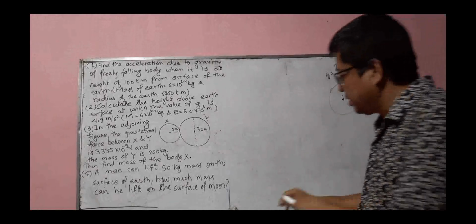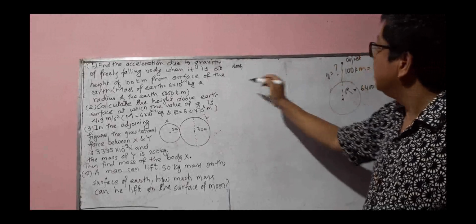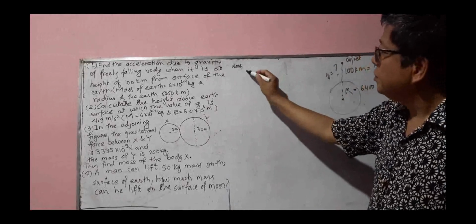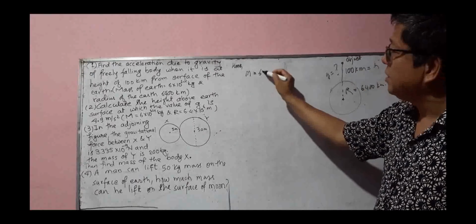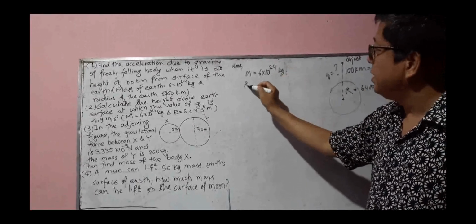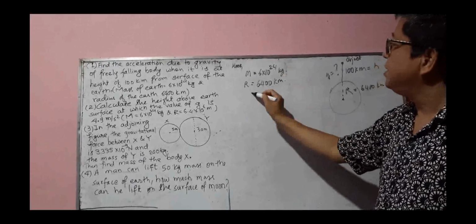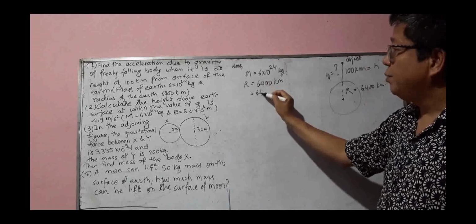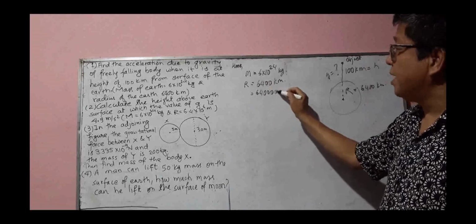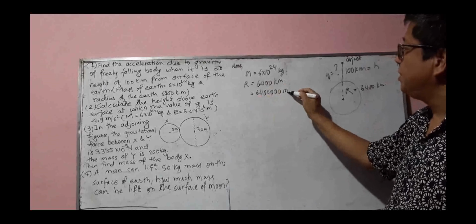To find that, first of all we write the given information. Mass of the earth is given, that is 6 into 10 to the power 24 kg, and radius is also given, that is 6400 km. We have to change it to meter by multiplying kilometer by 1000, so 6,400,000 meter.